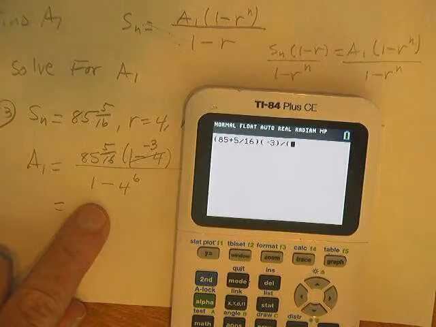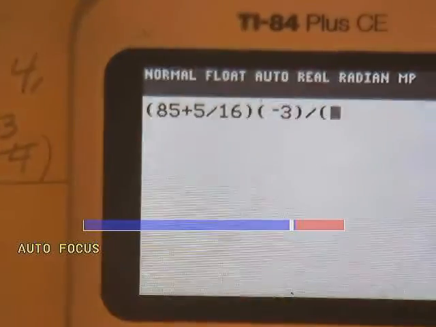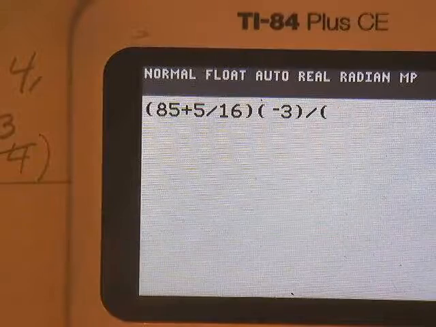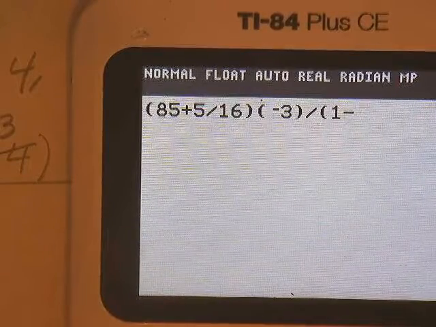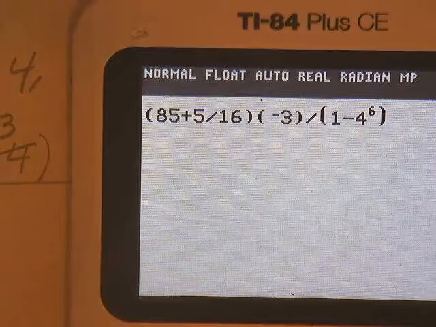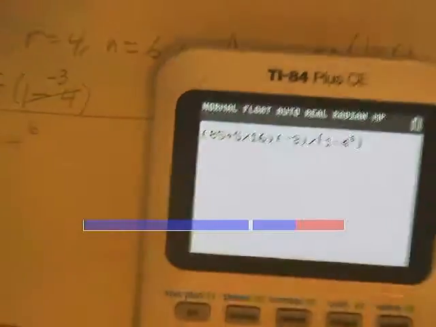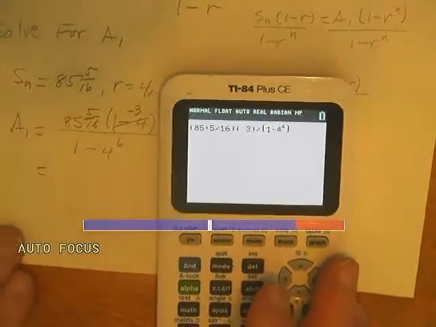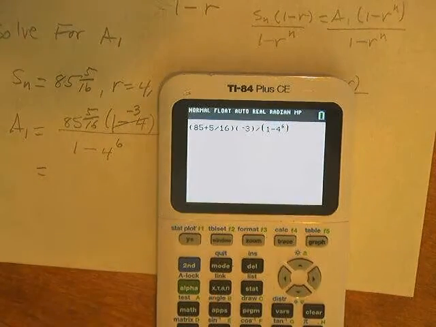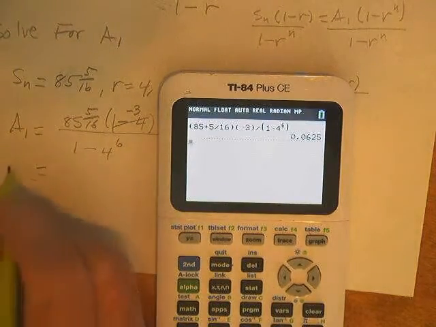Let me raise this up a little bit so you can see it. Let's put the denominator in parentheses too, like so. And if you enter this correctly, then all you got to do is press enter, and there's your answer.